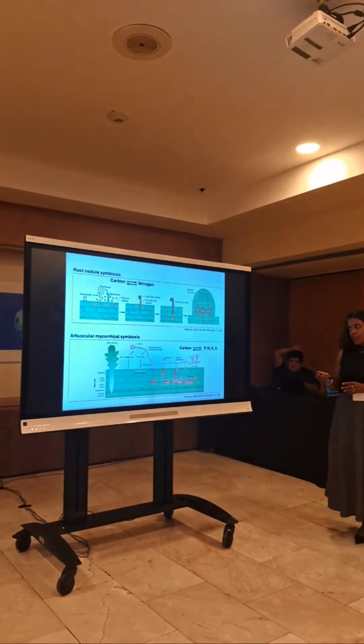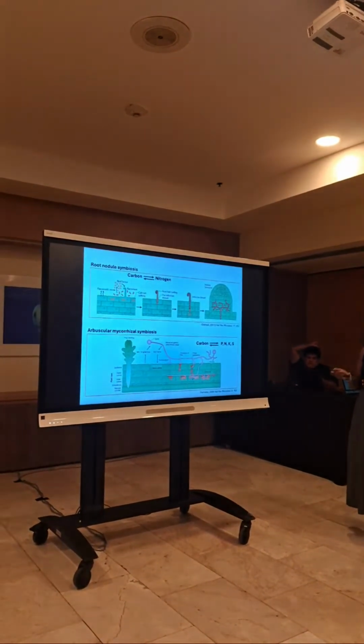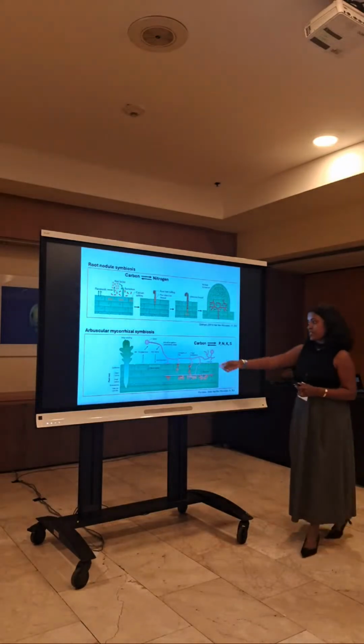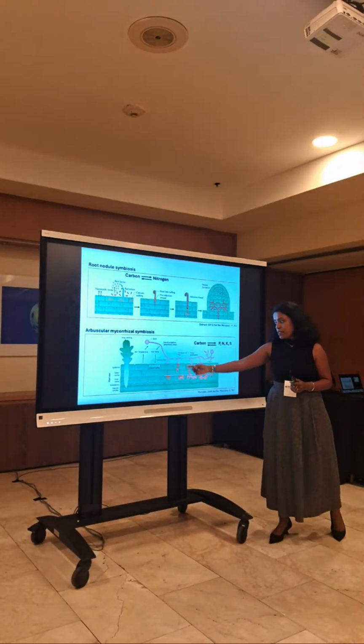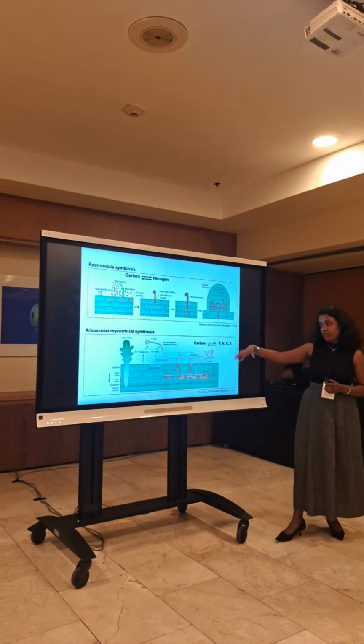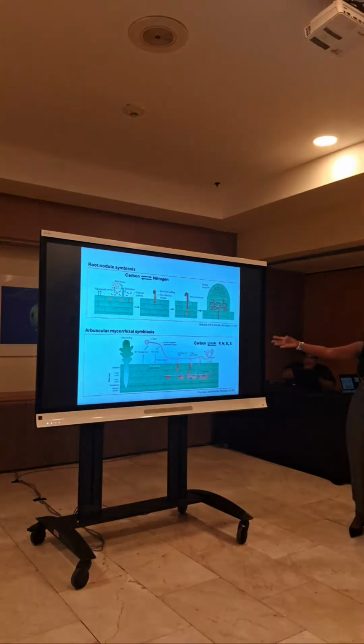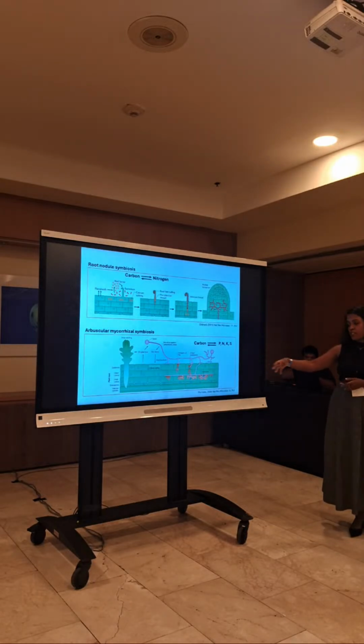And in the arbuscular mycorrhizal symbiosis, we have the mycorrhizal fungi. Also here we see a chemical dialogue between the symbiont and the host: strigolactones are produced by the plant, and Myc factors are produced by the mycorrhiza. Then there is the first contact point, where it forms the hyphopodia, and then the hyphae grow into the plant tissues, in a way that the mycelia are accommodated intercellularly and intracellularly.